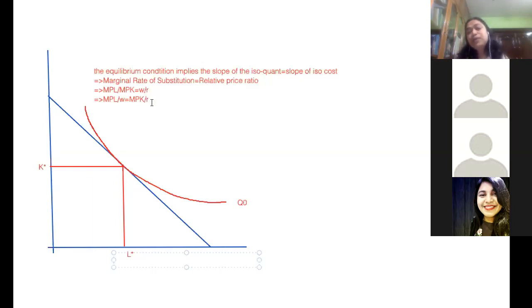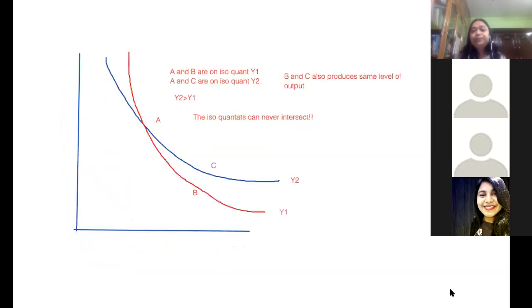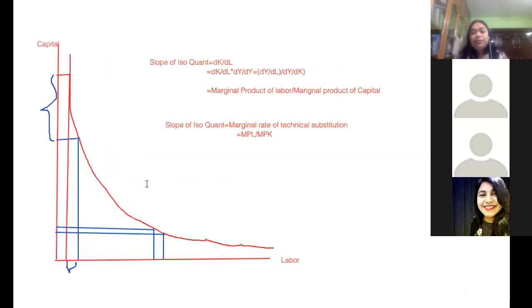I hire workers and employ capital at these rates that are beyond my control. Given these two rates, how much labor and how much capital should I employ so that I can produce Q0 at the lowest possible cost? That's the problem that we are trying to address. To address this problem, we have to find out our isocost curve and my isoquant curve.